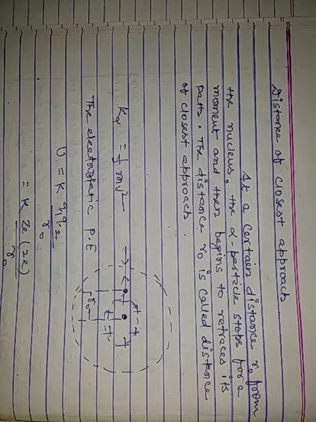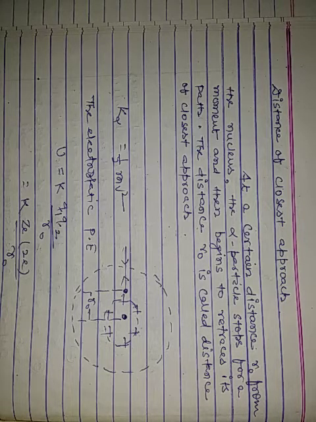As we know, the alpha particle is a positively charged particle and the nucleus is also positively charged, so the two charges repel each other. As the momentum of the alpha particle is great, it moves towards the center, and when both the forces counterbalance each other, the alpha particle stops for a moment.